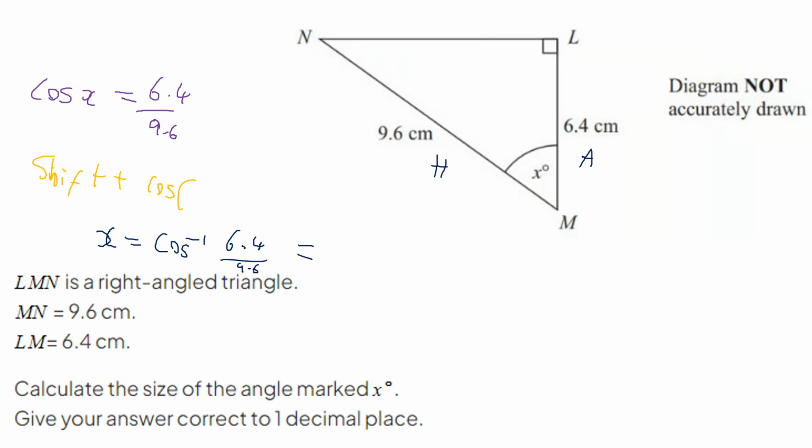And when we plug that in, we get an answer of 48.2 degrees to 1 decimal place. Okay, so it's literally the same as what we've done before, only this time we're using the inverse cos function.